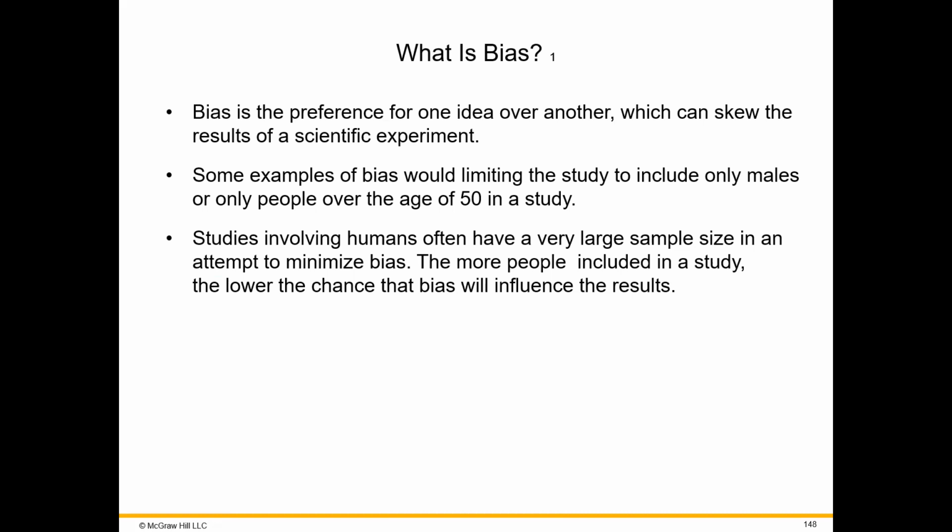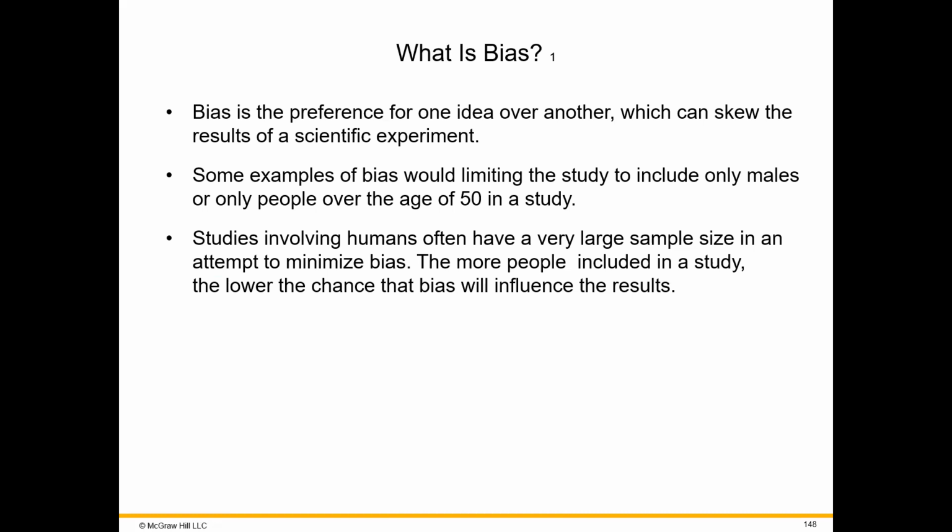Studies often involving humans have a very large sample size in an attempt to minimize bias. The more people included in a study, the lower the chance that bias will influence the results. Just because of what I mentioned. If you want to show the scientific community, your scientific peers, even just everybody, that this is going to influence everybody, you are not going to just test it on one type of person.